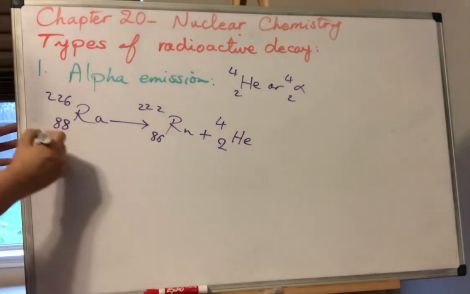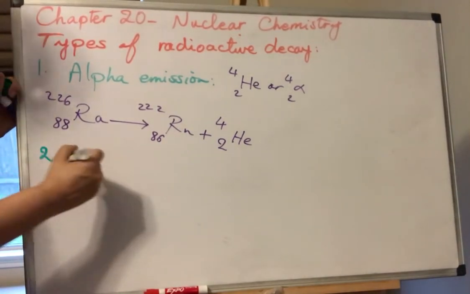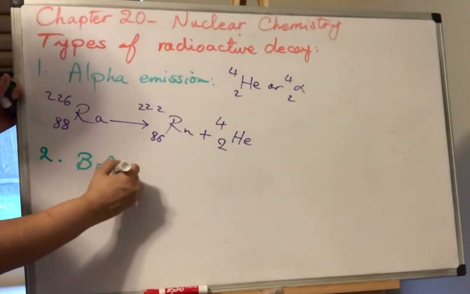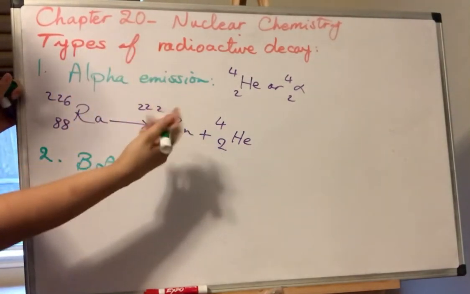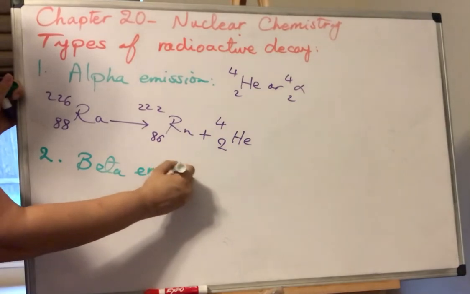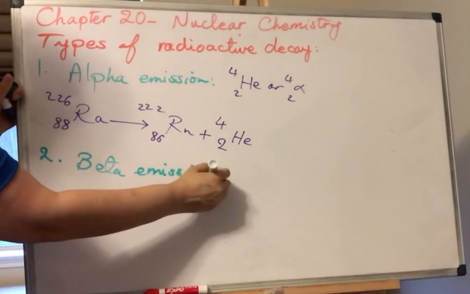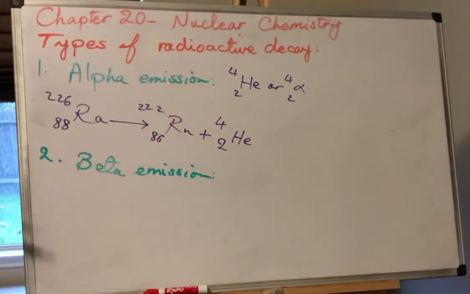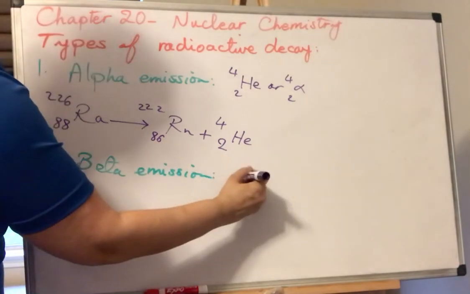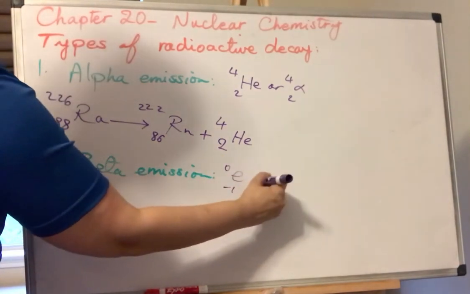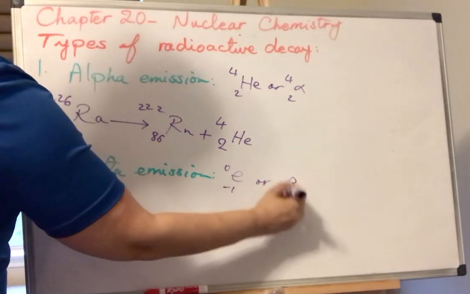The second type of decay is beta emission. We had alpha emission, now we have beta emission. What was the sign for beta? It was either an electron, or you can show it as beta.